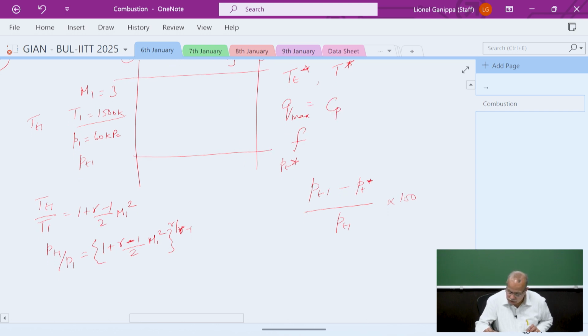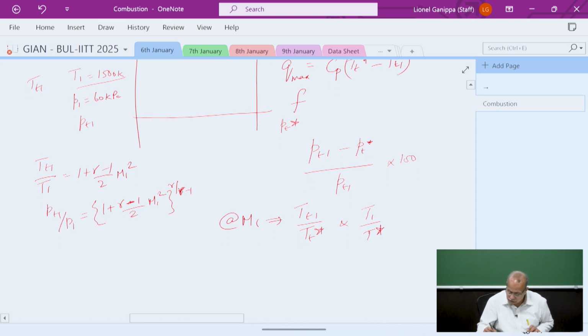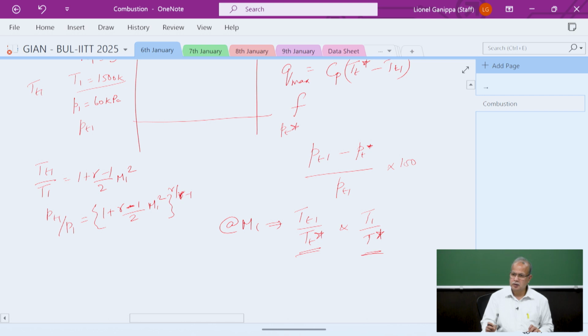Qmax is equal to Cp into TT star minus TT1. At M1, if you can find TT1 by TT star and T1 by T star, then you can find the critical temperatures at the exit of the combustor.